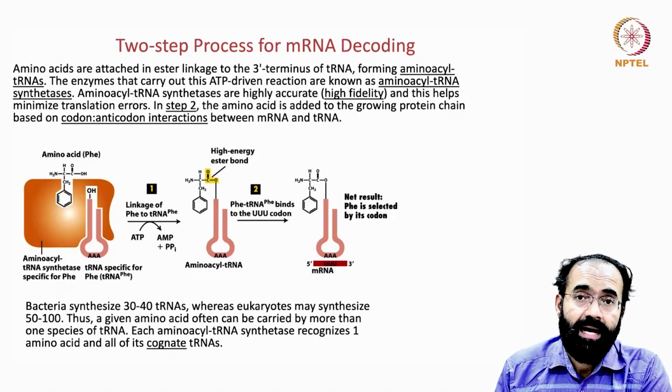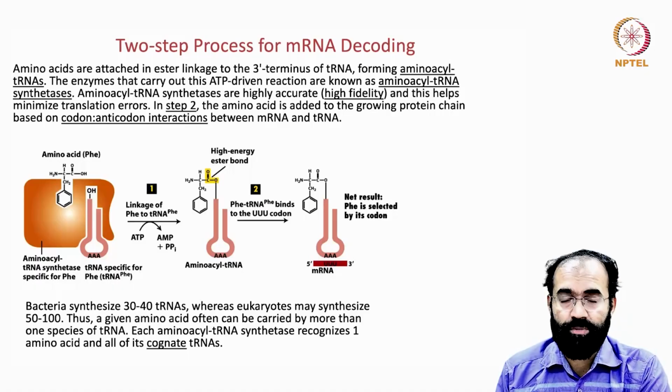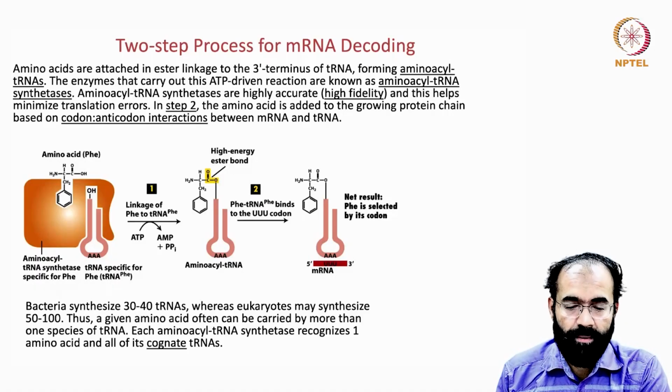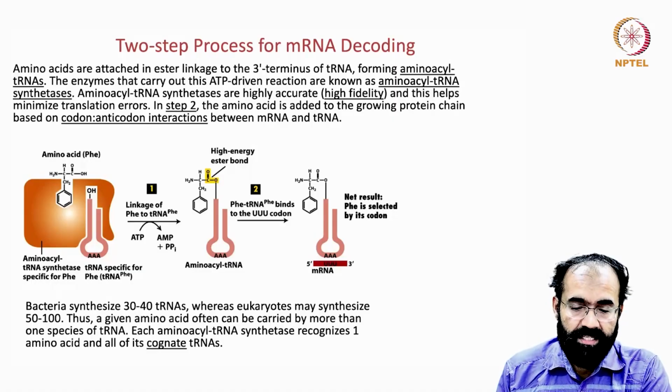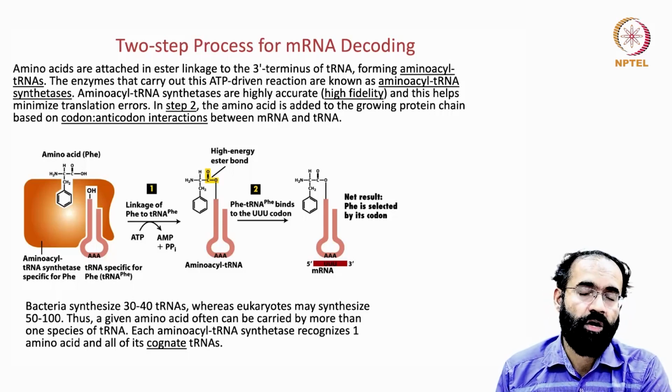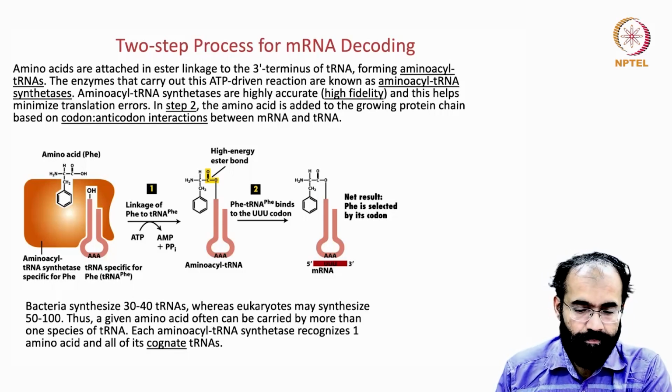This high energy ester bond is broken only inside a ribosome where the protein synthesis is taking place, where the peptide bond forms. So the aminoacyl tRNA synthetase makes sure of the charging, or the loading, of the tRNA with the amino acid.